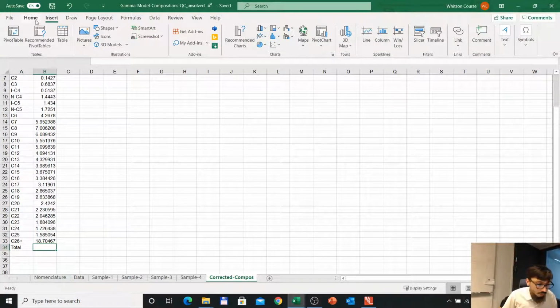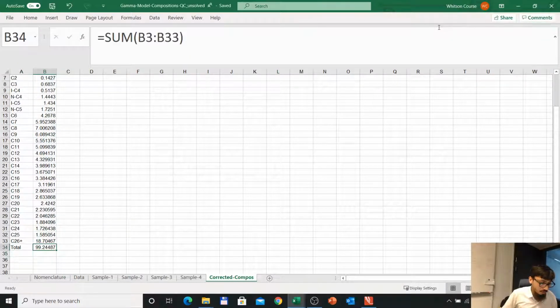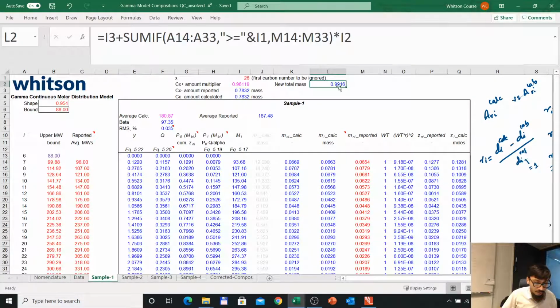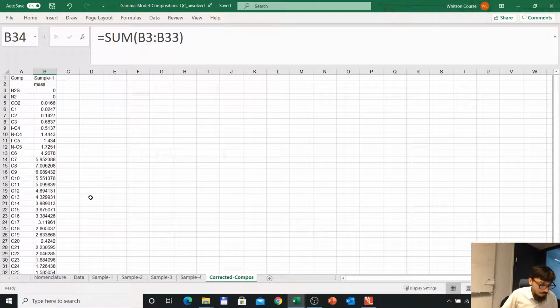Where is the sum? Yeah, so see that it's not exactly 1, because when we calculate the total mass here, it was slightly different. So then here we can calculate the mass fraction.